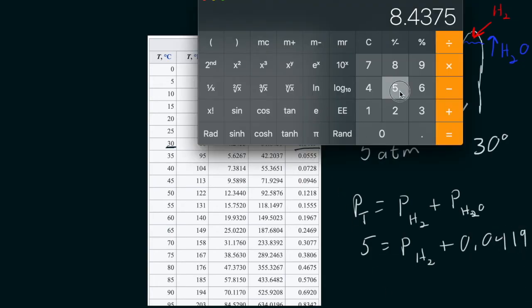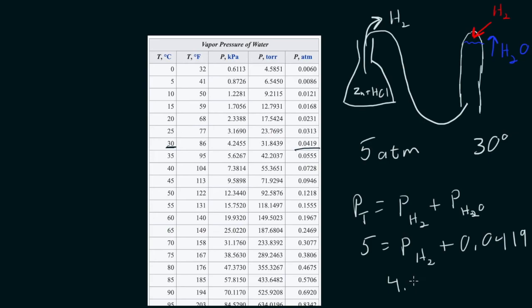So I just do that simple subtraction. And I get 4.96. We'll round to 4.96. So 4.96 atmospheres of H2.